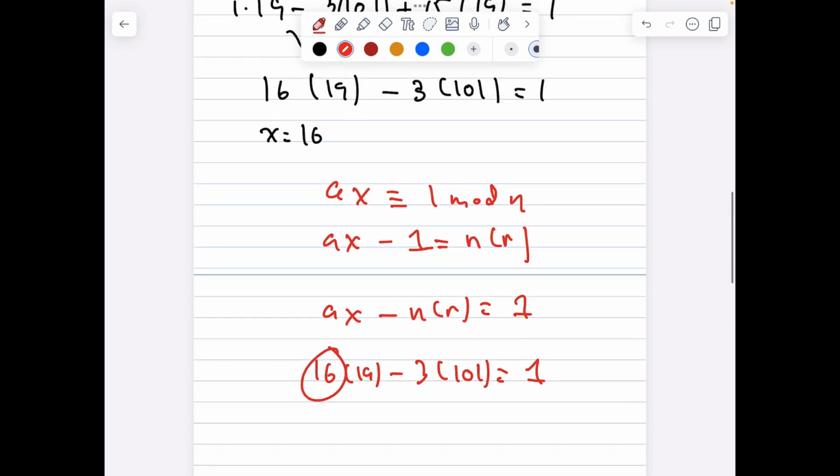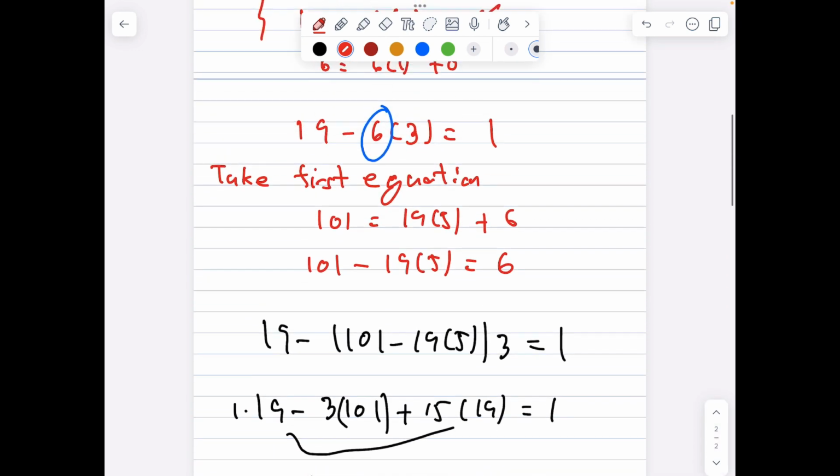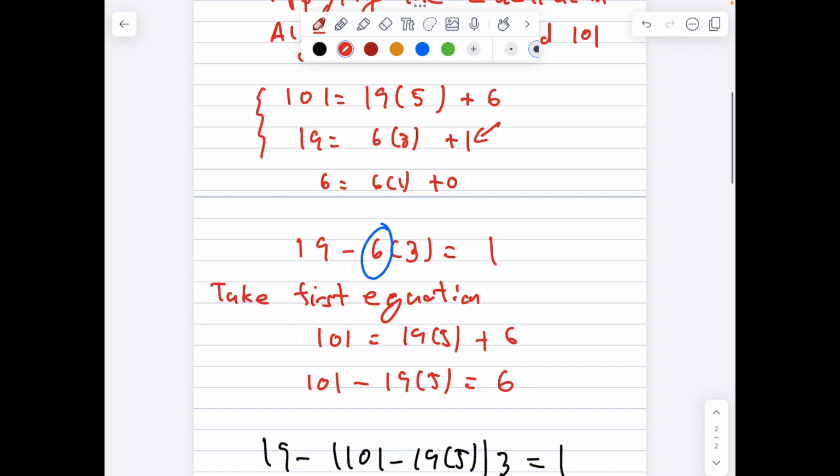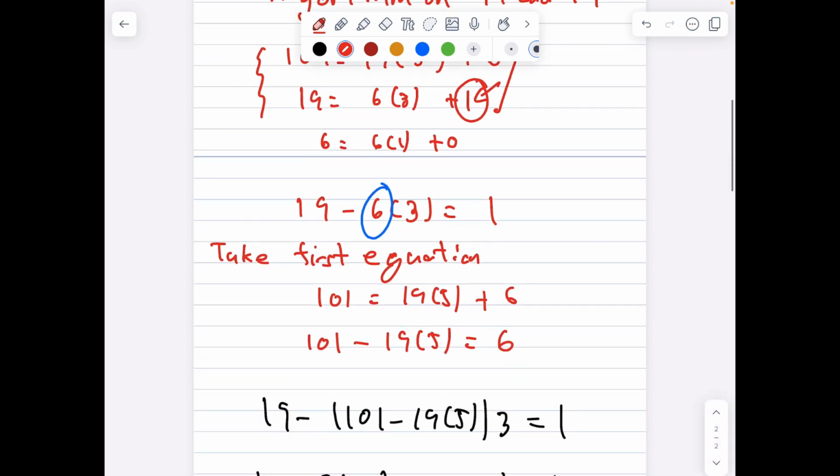So that's why that's the case. So when you're applying the Euclidean algorithm, you apply it like you usually do to find a GCD. And you just need all the lines up to, except for the last one where you get 1 here. Everything from here above you're going to work with.